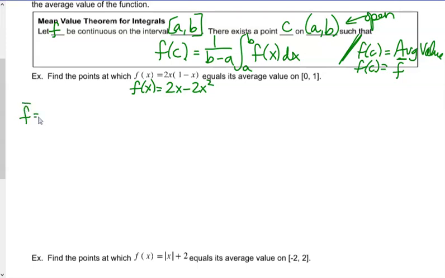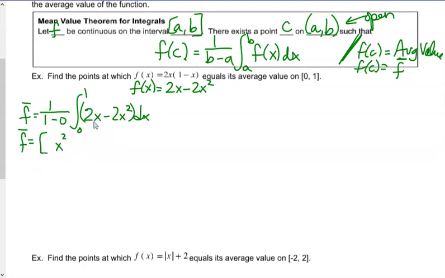Here the average value is 1 over b minus a, so 1 minus 0, well that's awfully nice. And I want to integrate from 0 to 1 the function that I just modified so that I can integrate it more easily. So f bar, this is just 1. I'm not going to rewrite it. But I'm going to integrate this guy right here.